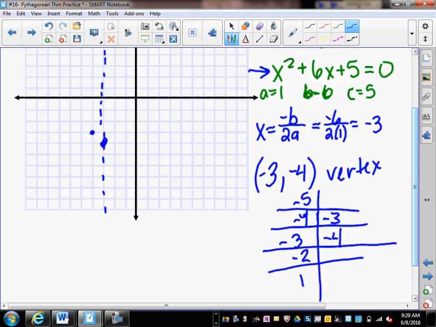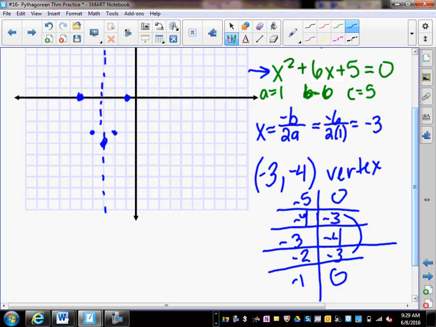When you punch in negative 5, you should get 0. When we punch in negative 2, we should get negative 3. And when I punch in negative 1, that should be 0 as well.